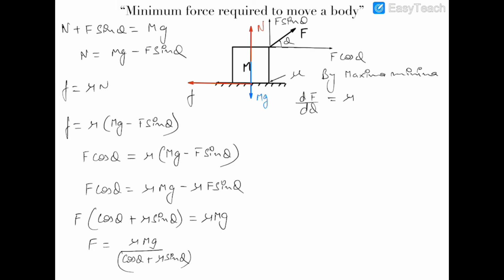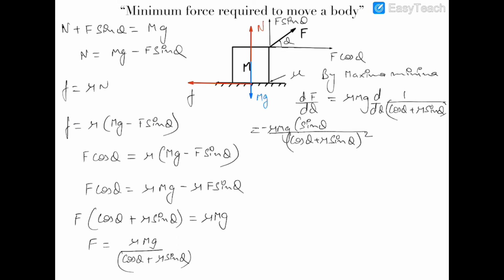So it would be mu mg times d by d theta of 1 upon (cos theta plus mu sin theta), which gives mu mg divided by (cos theta plus mu sin theta) whole square, with a negative sign, times (minus sin theta plus mu cos theta), and it would be equal to 0.